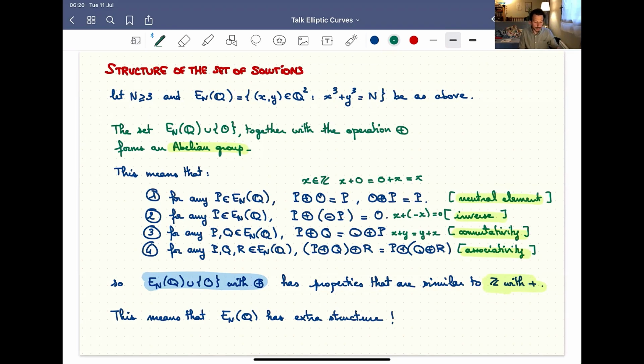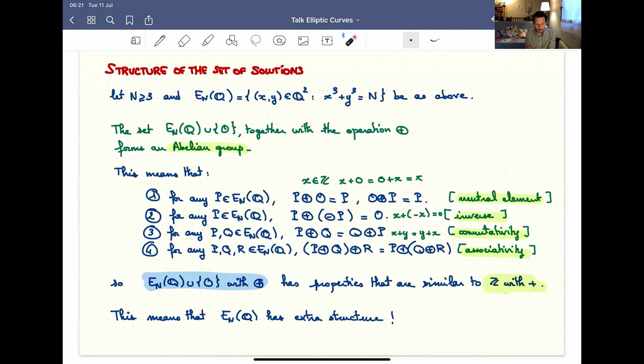Which means that this set, the points on E together with this point O, with the operation plus with a circle, has properties in terms of algebra that are similar to the integers with the operation plus, integers with addition.